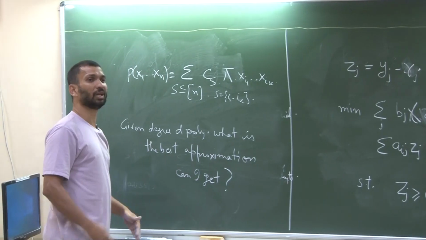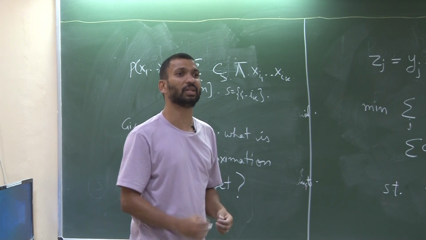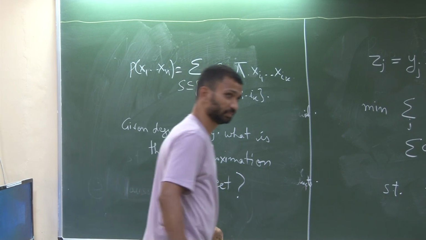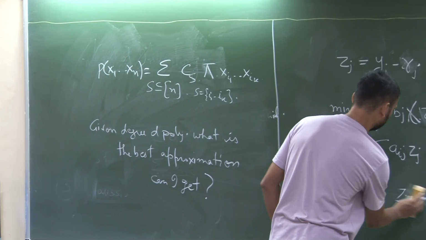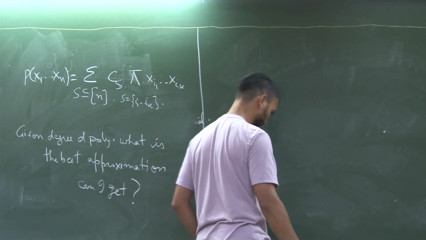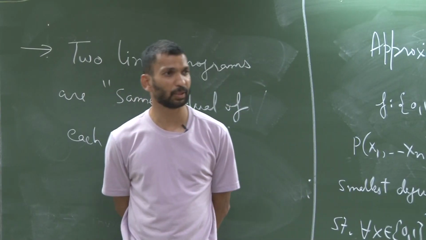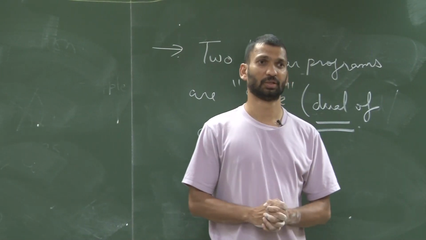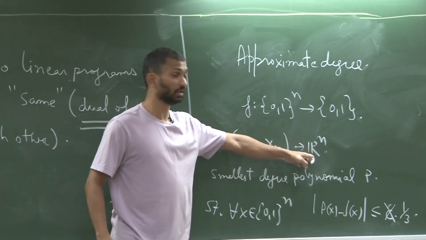But now this, can you write it as a linear program? My claim is you can. So write a linear program. What are the variables? What are the constraints for this problem? And this is interesting. This is not that straightforward, and I would be happy to explain any doubt here in terms of the definition. Remember, this is a polynomial in R to the n.